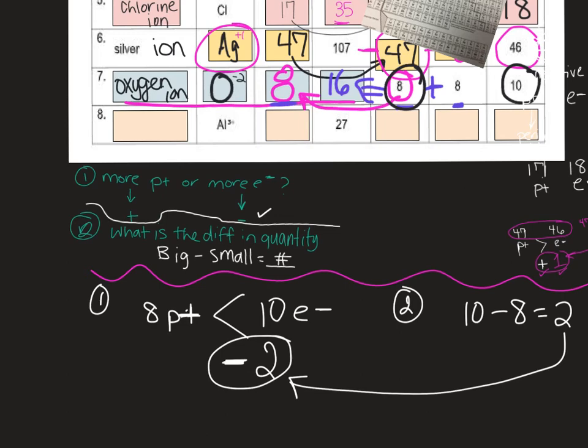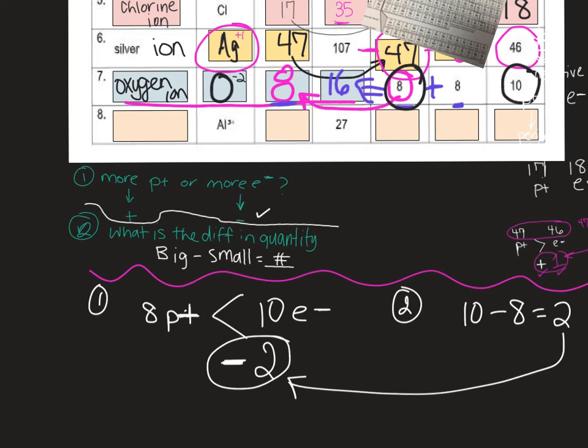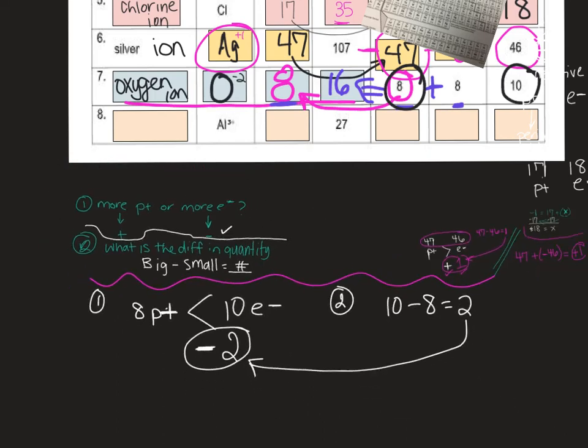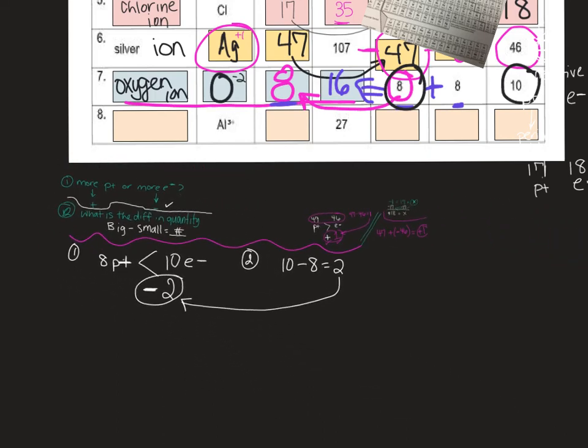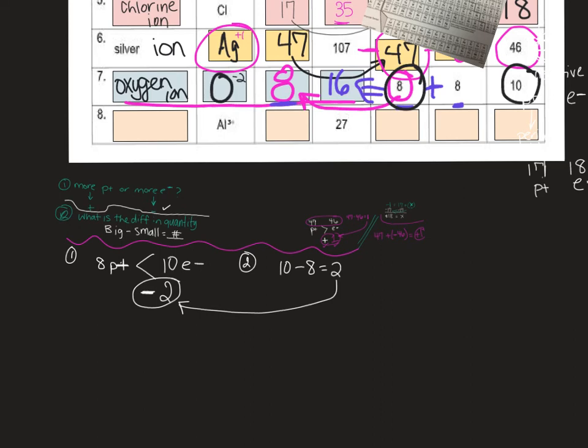Okay? All right. So hopefully that's gotten you through it. Try the aluminum one on your own, and then you can check your answers. So if you want to pause the video, try the aluminum one real quick. I'm going to write out the answer to it, and then you can come back or click play, and then you'll see the answer pop up.